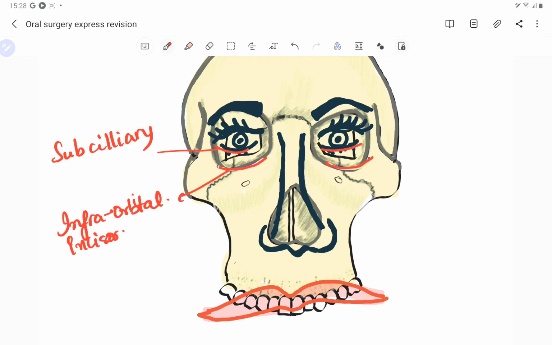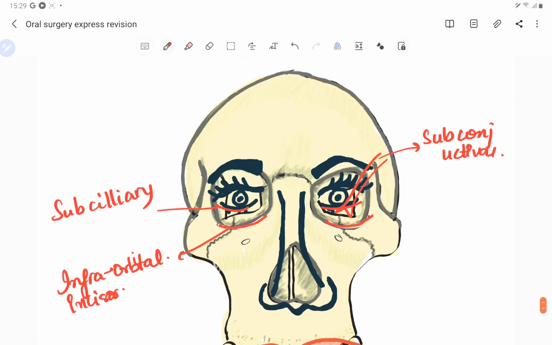Or we can go from the conjunctiva of the eye, like this. So this can be our subconjunctival incision. Or if you are going for the upper eyelid, that can be your upper eyelid approach. Or if you are going from the eyebrows laterally, this is your brow incision.